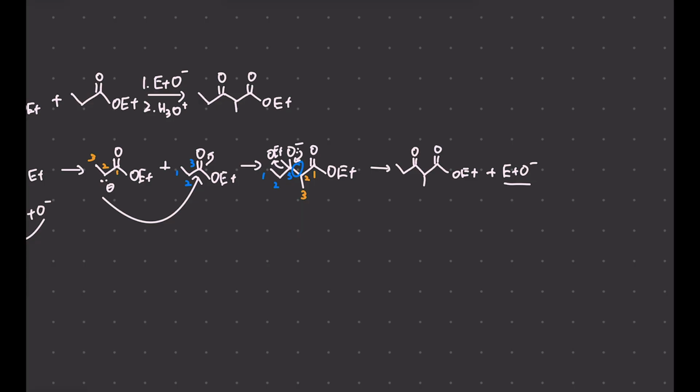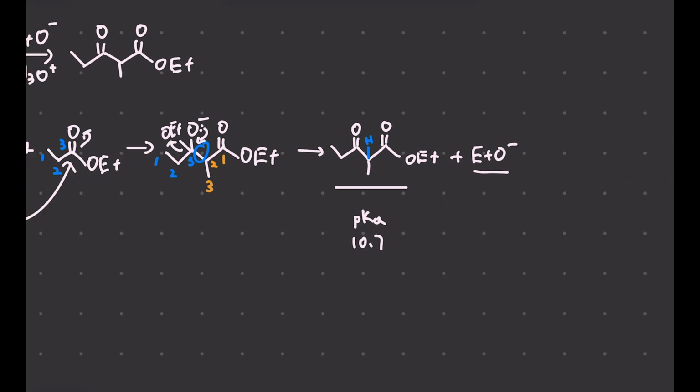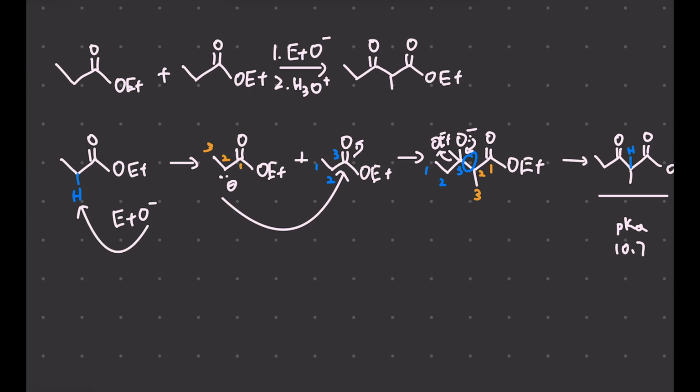So, if you look at this beta keto ester, the alpha hydrogen here is very acidic due to the stabilization by these two carbonyl groups. So this beta keto ester actually has a pKa of 10.7, but the starting ester that we have only has a pKa of about 22.